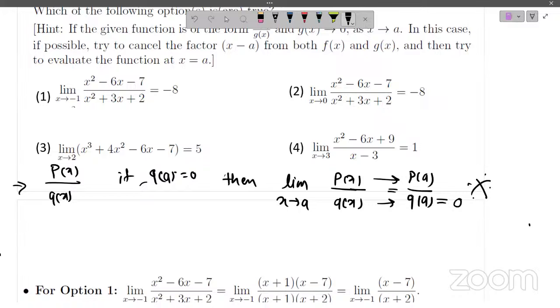So what happens with a rational function? You factor out the common roots from p(x) and q(x).